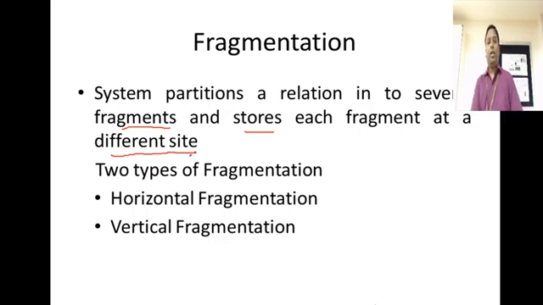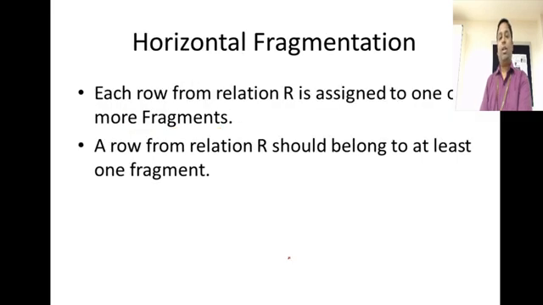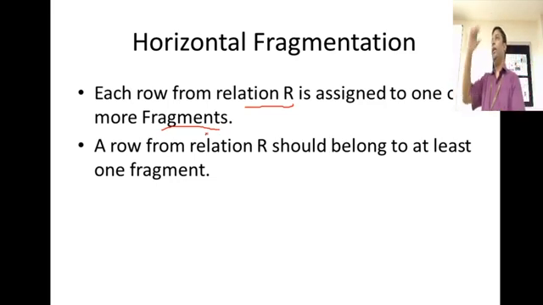When you're talking about a distributed database, it's about having it at different geographical locations. Types of fragmentation: horizontal and vertical fragmentation. What is horizontal fragmentation? Each row from the main relation is assigned to one or more fragments. So when you join all these three fragments, you should get the main relation, the customer relation. That's what it means.